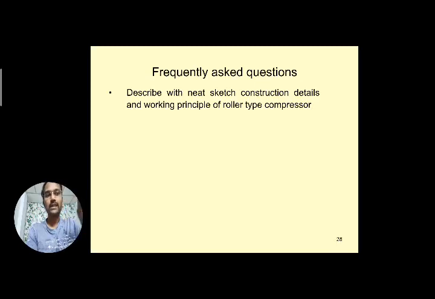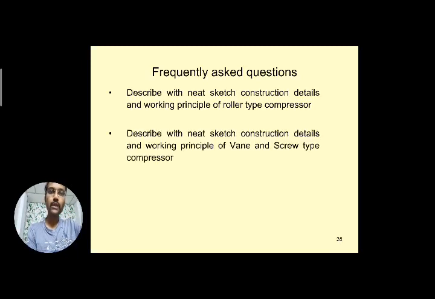Four different explanation diagrams can be provided there, so you can easily explain what is happening in the roller type compressor. To explain the construction, you describe all the components; next you have to describe how the compression is taking place with the help of the roller type compressor. That is the working principle. Good. So if you listen to this video class, you can easily write the answer for these particular questions, and it is a very frequently asked question.